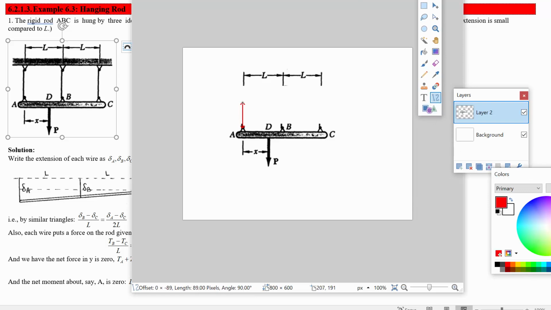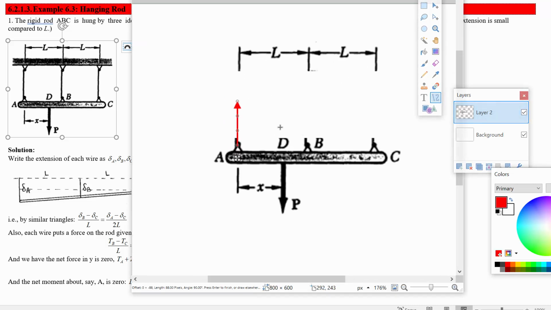Let's get the right color there. Sure, get rid of the other arrow. So we'll call this force A, and then we've got force B, and we've got force C there, and there's force P down in that spot.